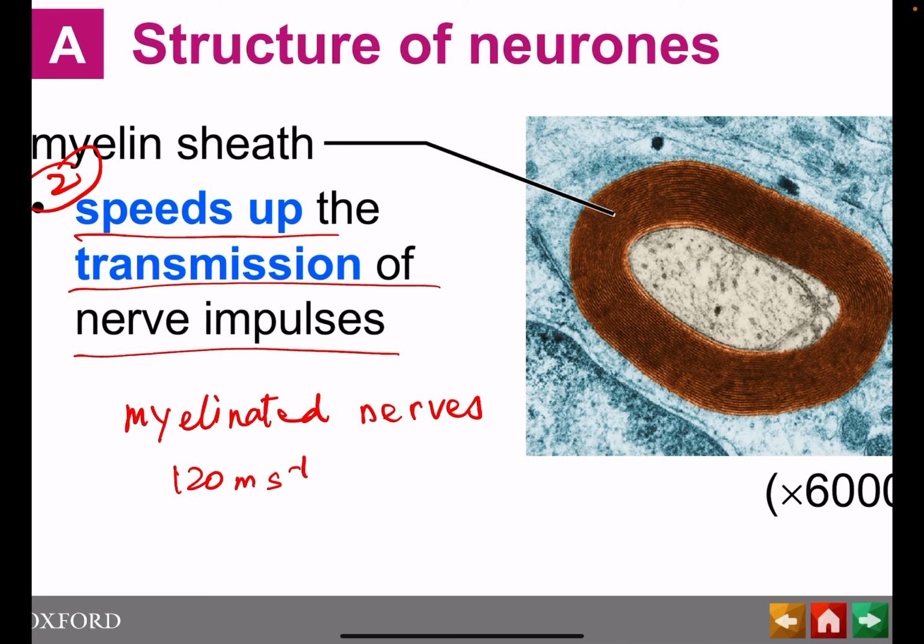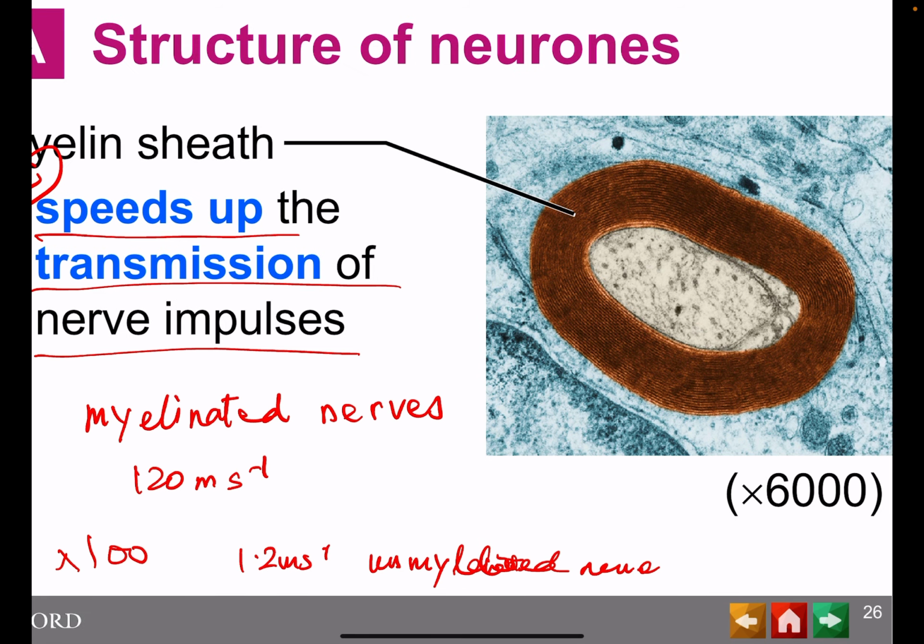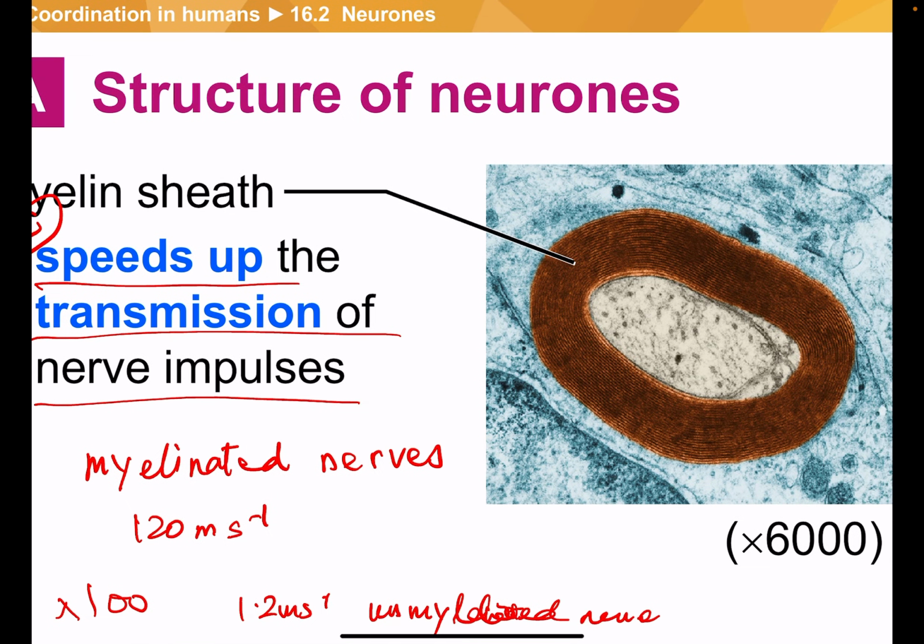Think about it, 120 meters per second, which is 100 times that of unmyelinated nerves. For unmyelinated nerves, maybe 1.2 meters per second. So it speeds up 100 times. That's a lot, right? It's very important to speed up the transmission so we can give a very quick response. So these are the structures of a neuron.